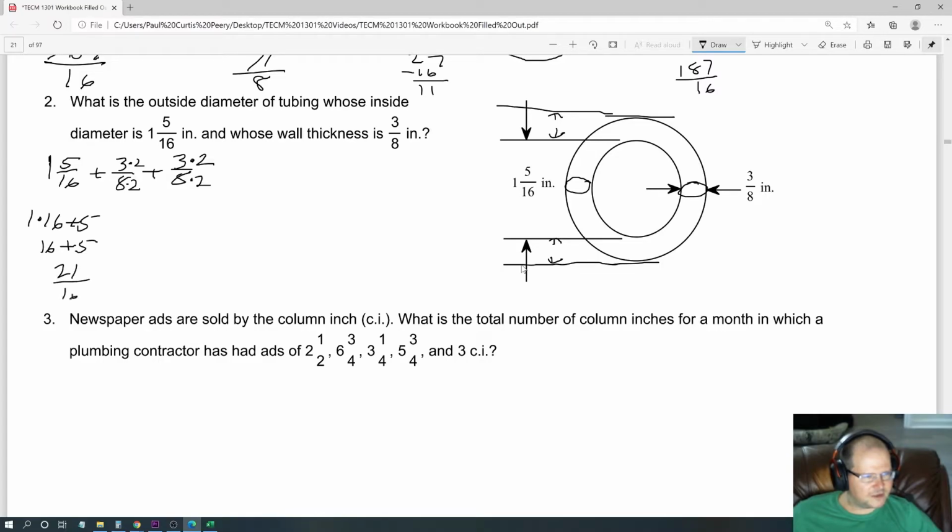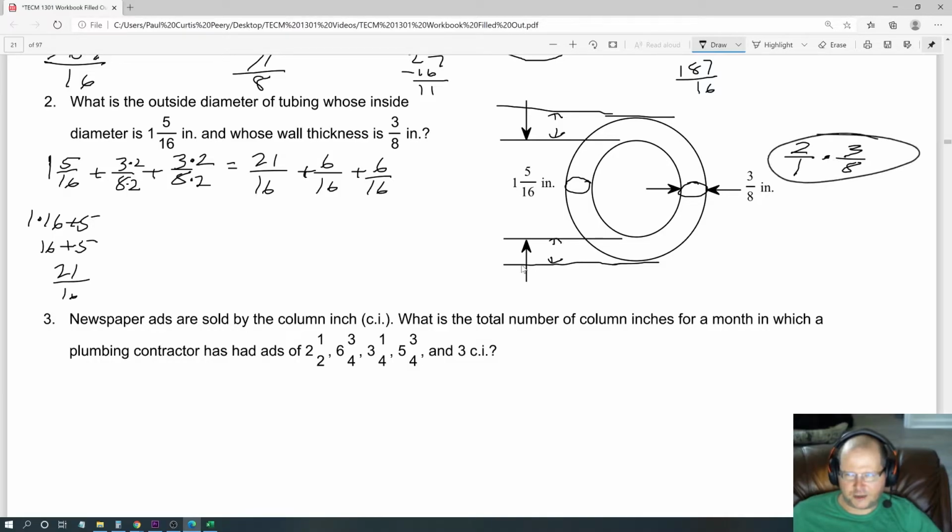Put it over the old denominator of 16. Okay, cool. So what we end up with is 21/16 plus 6/16 plus 6/16. You could also have just multiplied the 3/8 by 2.